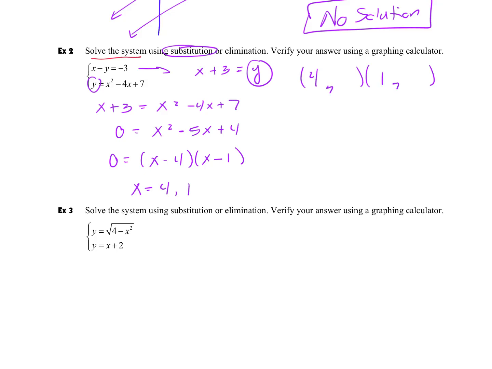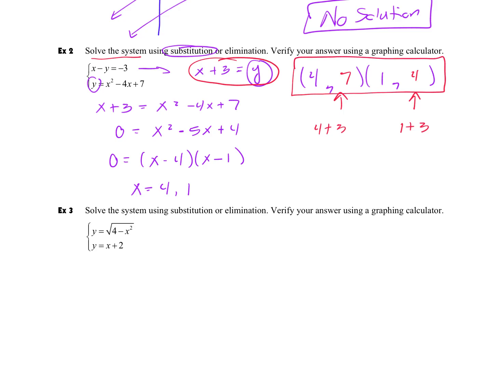We do need to finish the ordered pairs, and I would strongly encourage you to use the equation for the line for that. So this y coordinate here is going to be 4 plus 3, or 7, and this y coordinate here will be 1 plus 3, or 4. So our final answer will be these 2 points of intersection.